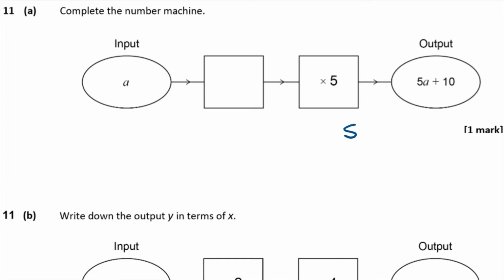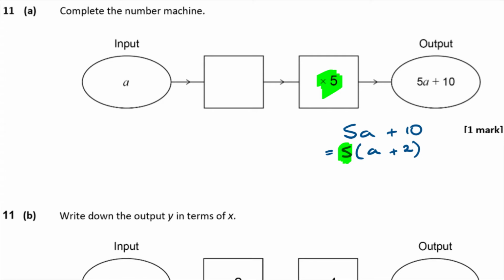If I've got 5A plus 10, now you can factorize that, can't you? 5 goes into 5A and 5 goes into 10. So that's the same thing as 5 lots of A plus what? A plus 2, isn't it? 5 times A is 5A, 5 times 2 is 10. So this 5 here is where the times 5 comes from.